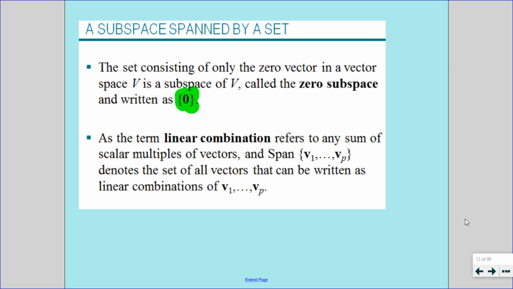So if your subspace only contains one vector, it is just called the 0 subspace because that's the one it must have. And the term linear combination refers to any sum of scalar multiples of vectors, and span V1 through VP denotes the set of all vectors that can be written as linear combinations of V1 through VP.